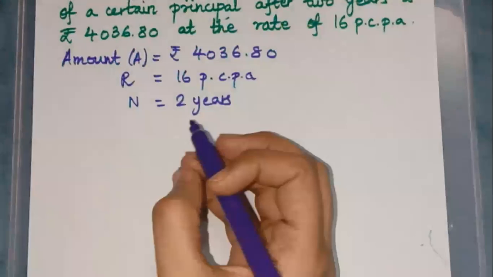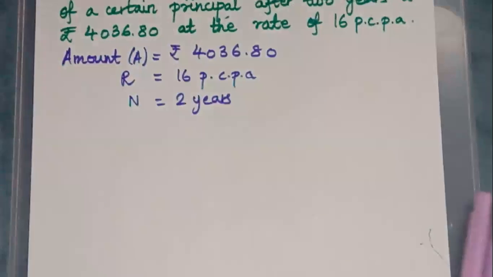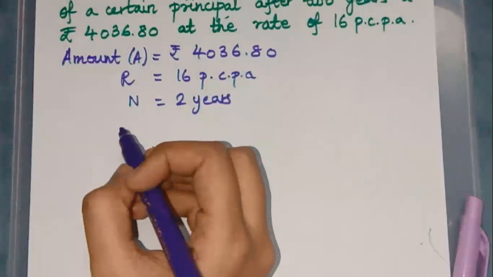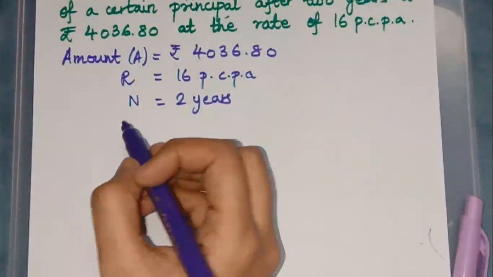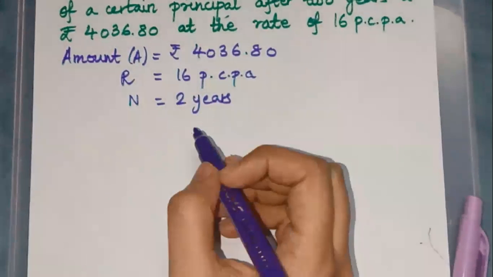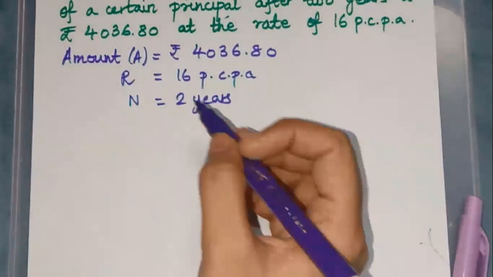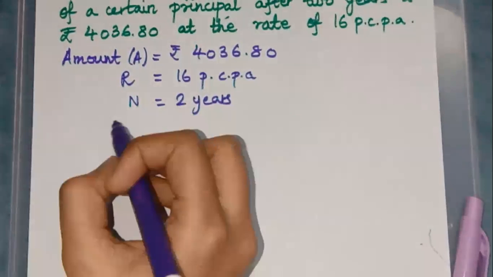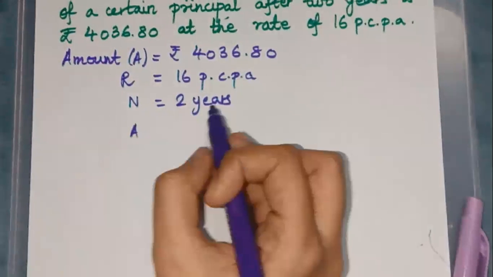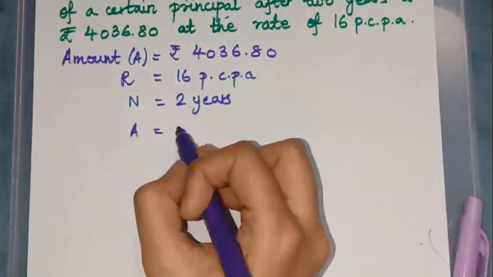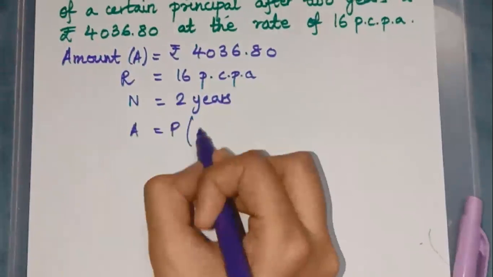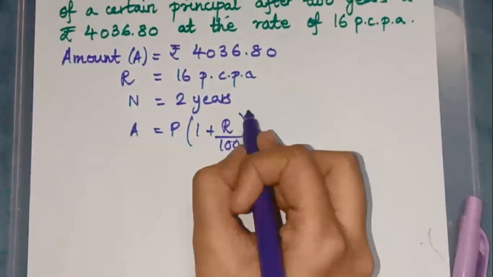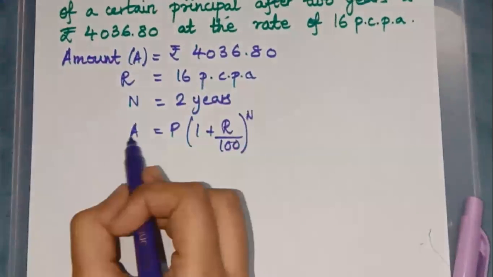So I have the formula of amount with me. Even though I don't have principal, I will use the same formula in order to find out the principal. So I have the formula of amount, which is equal to A = P(1 + R/100)^N. So A is given to you.